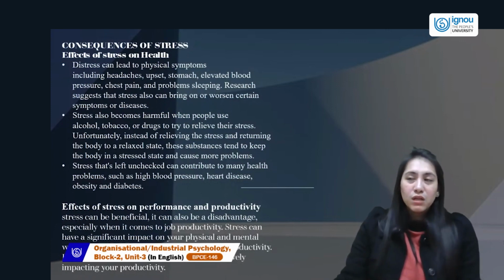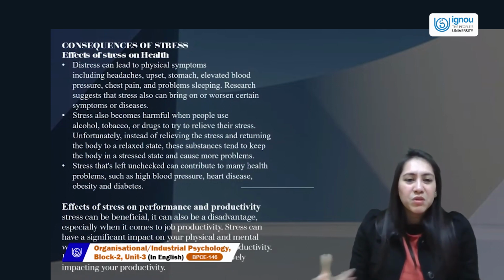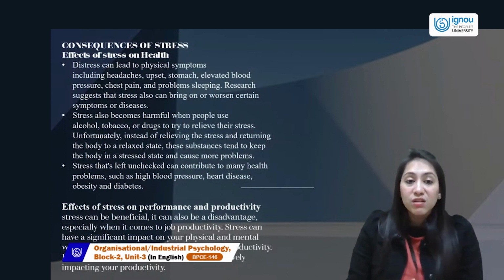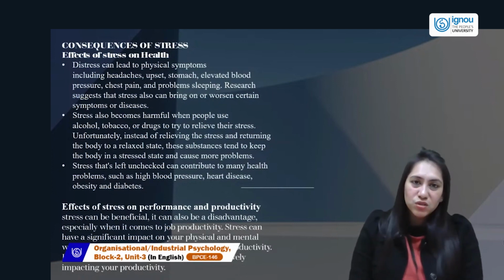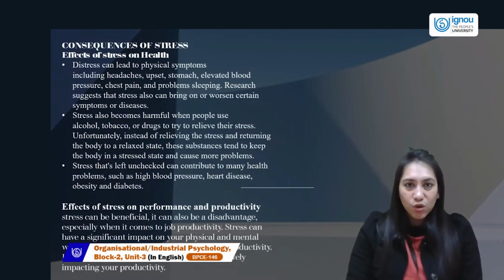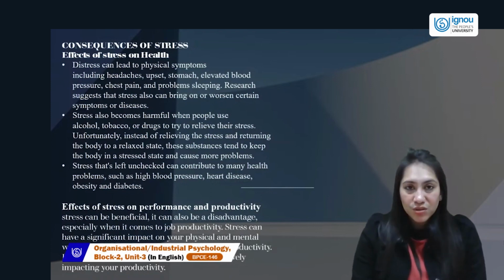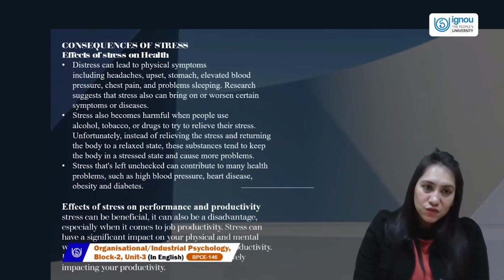People who feel, no, this is just a part of my life, my BP is not rising, it's just normal, you never know: sudden cardiac arrest, diabetes shooting up, obesity, body deformities, or body dimensions changing in an odd way, which can lead to binge eating and eating disorders, are the effects of stress on health.